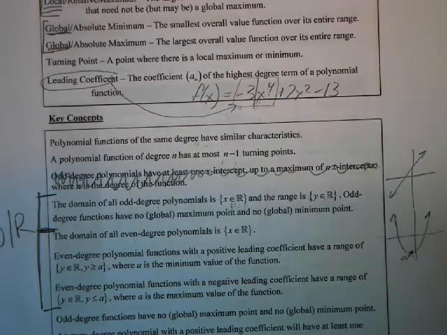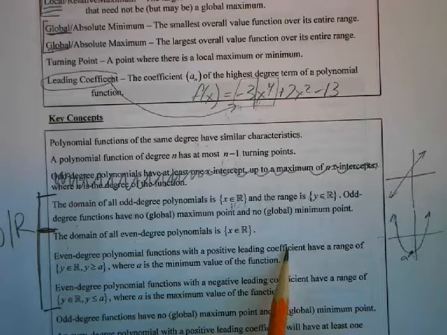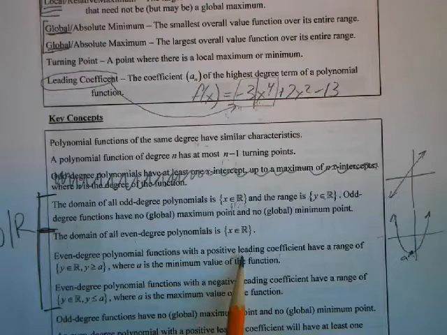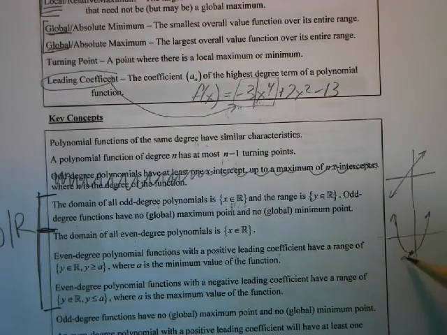It might start with, say, 2x squared. Remember, when a is positive for quadratics, it's going to open up. So that leading coefficient will determine the minimum of the function. If the leading coefficient of a quadratic was negative, it's going to open down.